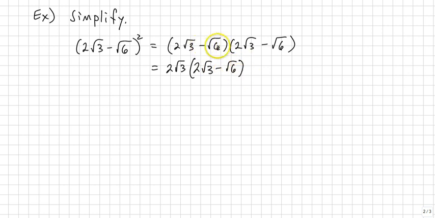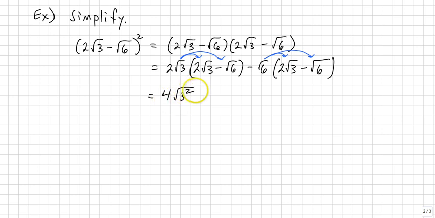binomial. And then I have to take the negative square root of 6, and I have to multiply it by everything in that second binomial. And then we'll distribute. So 2 times 2 gives me 4. Square root of 3 times the square root of 3 is the square root of 3 squared.